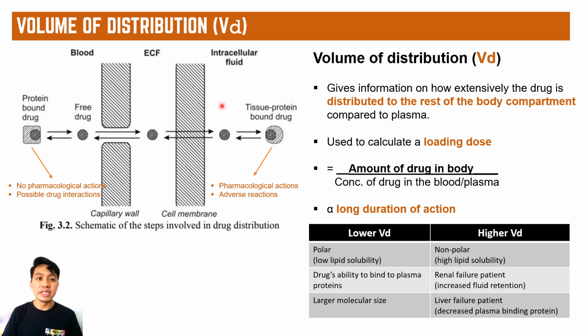This will cause a decrease in drug plasma concentration. Drugs that are bound to tissue protein binding sites will exert either therapeutic effects or adverse effects. Drugs that have a lower volume of distribution tend to bind to plasma protein, while those with a higher volume of distribution tend to bind to tissue proteins.